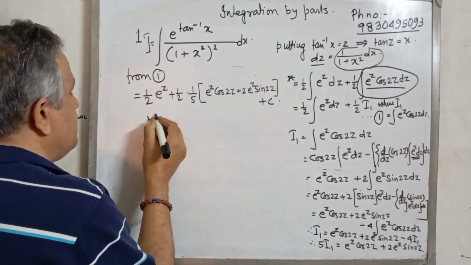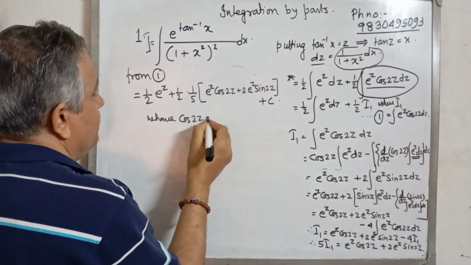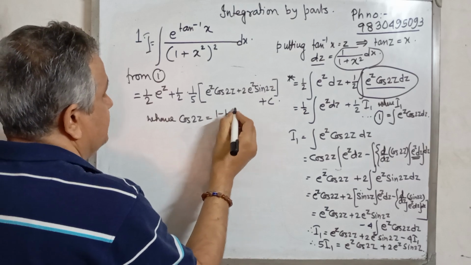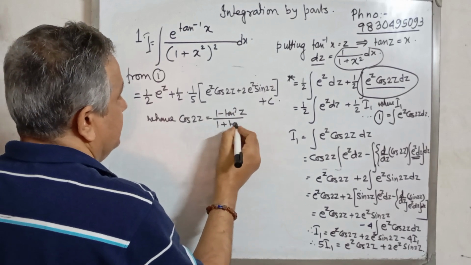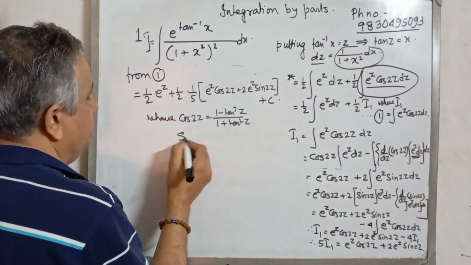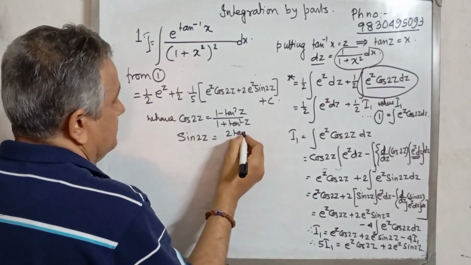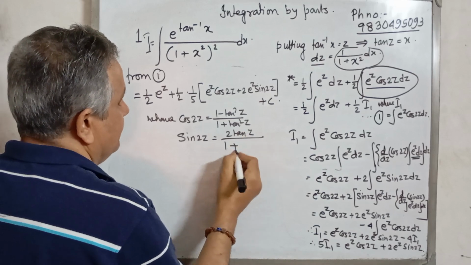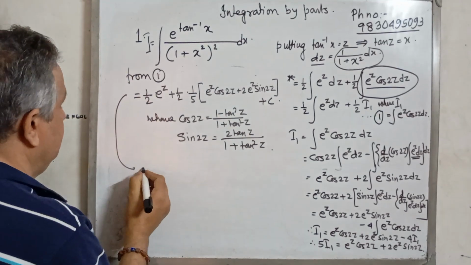Now substitute the value. We have cos 2z is 1 minus tan square z by 1 plus tan square z, and sin 2z is 2 tan z by 1 plus tan square z. Now we are putting here half.